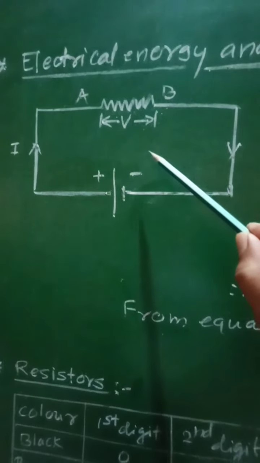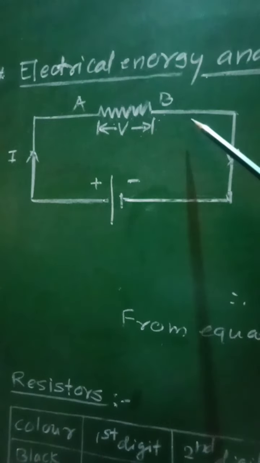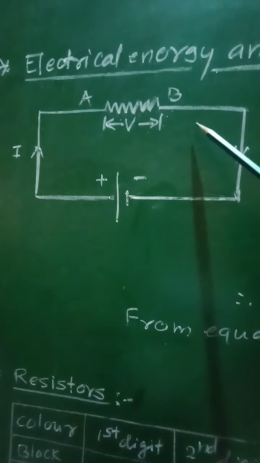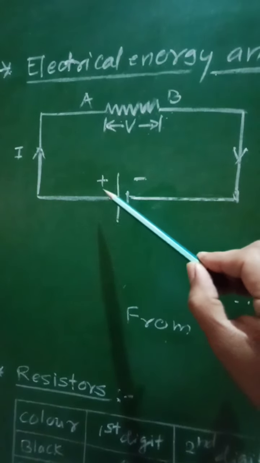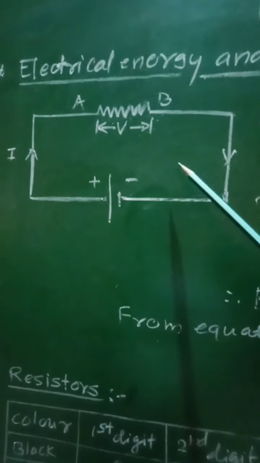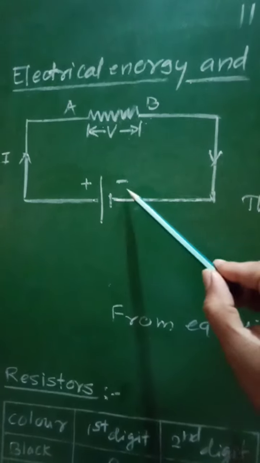So when charge Q flows from a higher potential point to a lower potential point, there is a decrease in its potential energy.